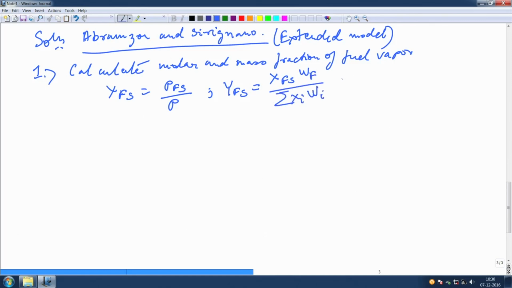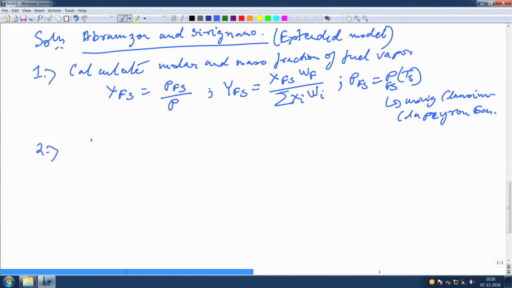PFS is basically a function of the surface temperature. This is the saturated vapor pressure calculated from the Clausius-Clapeyron equation. So, from a numerical point of view, these are the steps that one can follow.